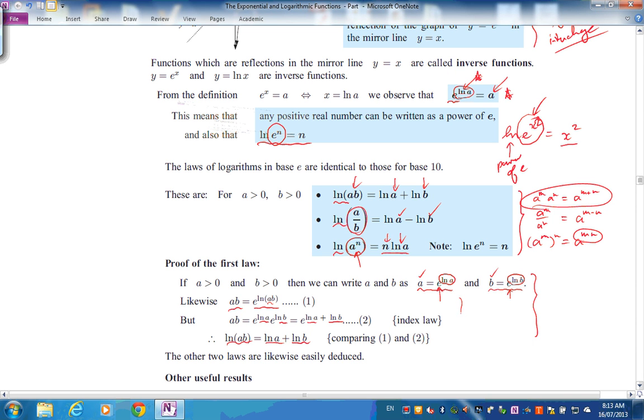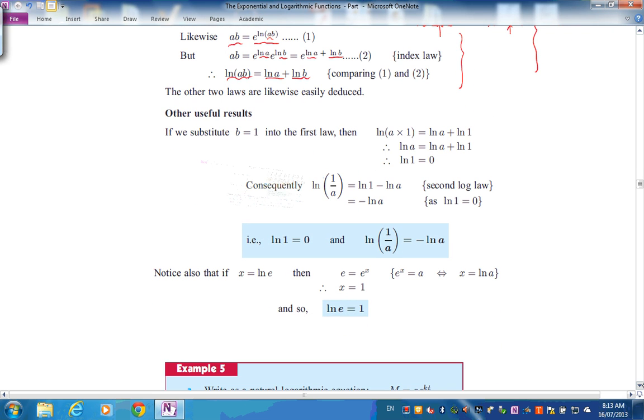So this is a little bit more of a formal definition. That's not actually required in this course, but I think it's some interesting algebra if you're into a bit of mathematics.